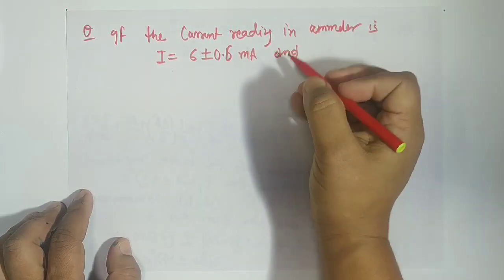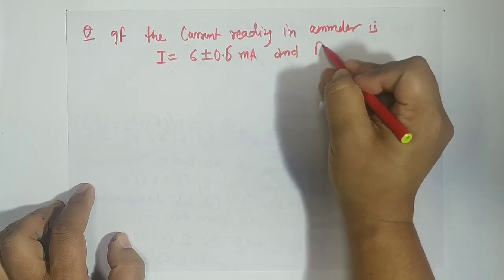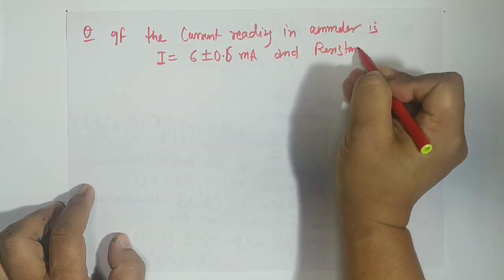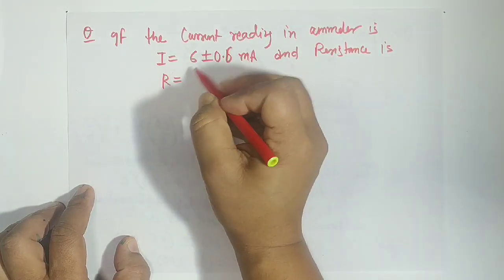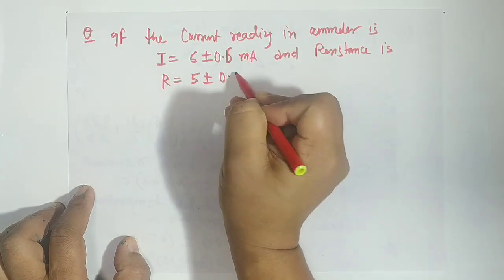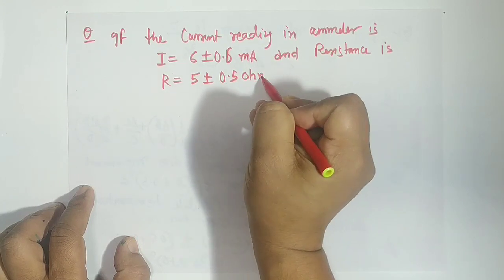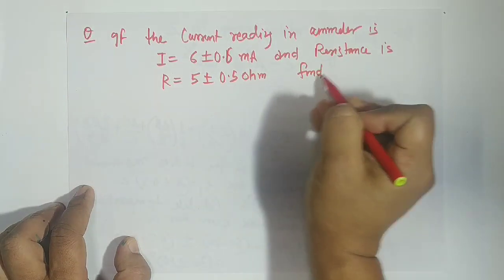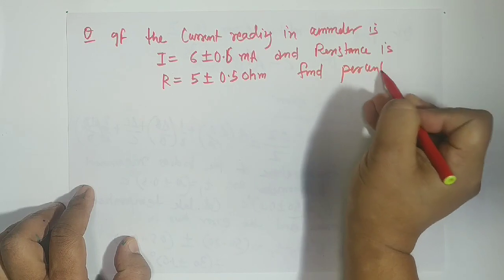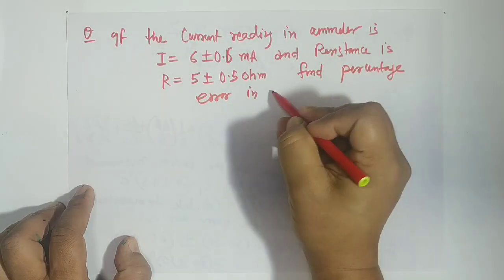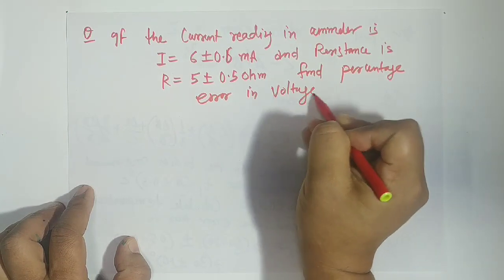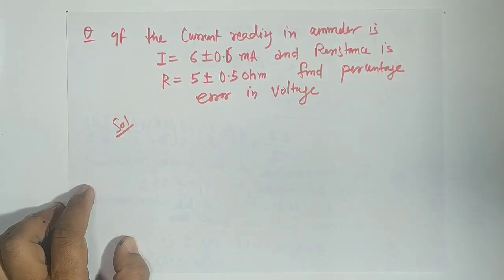Okay. And resistance is R equal to 5 plus minus 0.5 ohm. Then the question is, find the percentage error in what? Voltage.